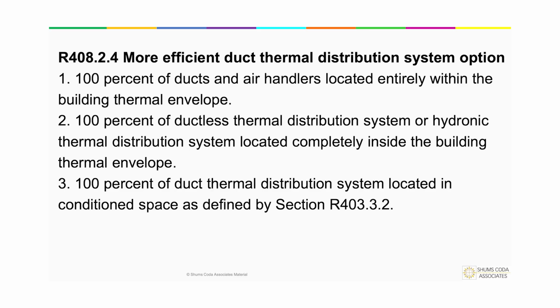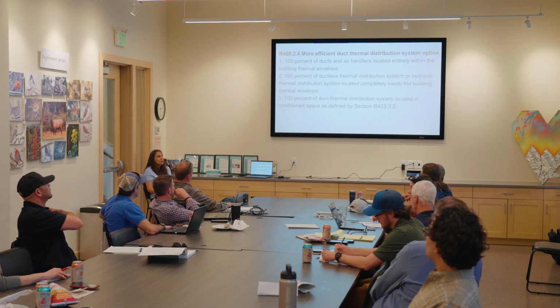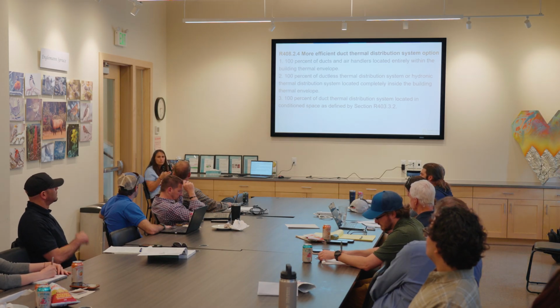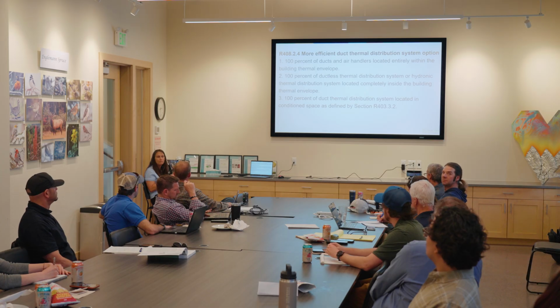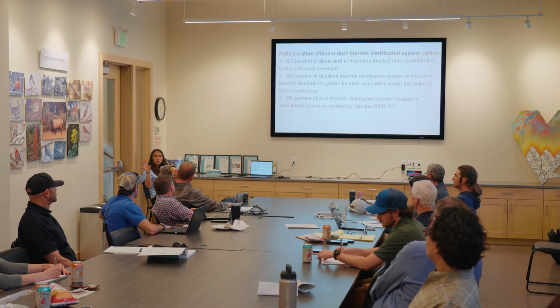That's why it's so important when we spoke earlier about 403.3.2 and 403.3.3, ensuring that we can make all of our ductwork be inside conditioned space, because it helps us with this particular option. Now I know a lot of designs in Colorado are already putting that ductwork inside the thermal envelope. Or they have a little spot, or they just would have to do small little tweaks to make sure that it's completely inside the thermal envelope.